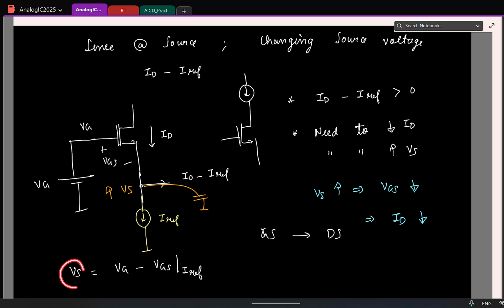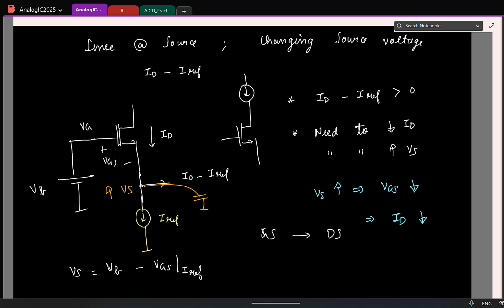So the source voltage will be whatever you connect here. Maybe I'll call it VB. This will be VB minus the VGS of the transistor when it is biased at a current IREF. Okay. Any questions?